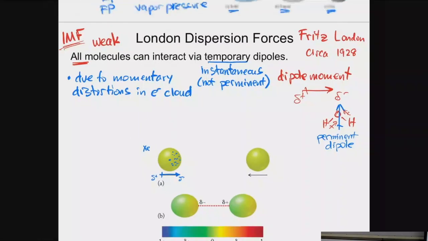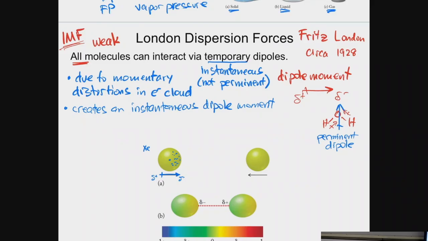So this momentary distortion in the electron cloud creates an instantaneous dipole. An instantaneous dipole moment. And then the next instant, poof, it's gone. But when it's there, you've got that dipole.